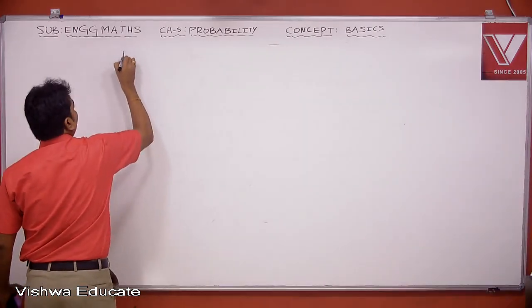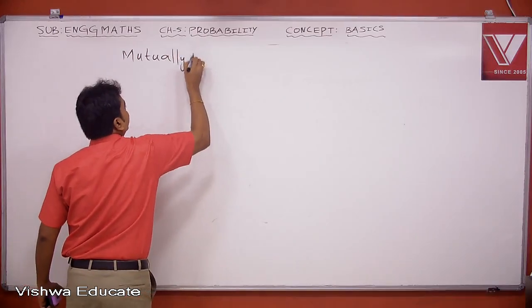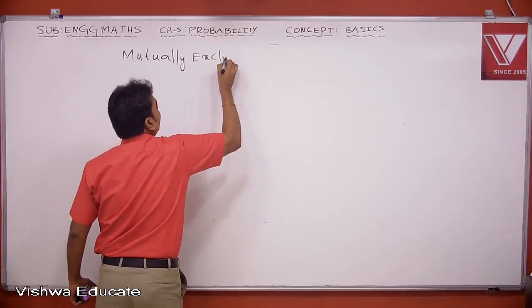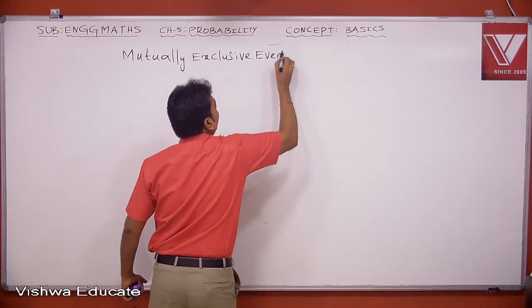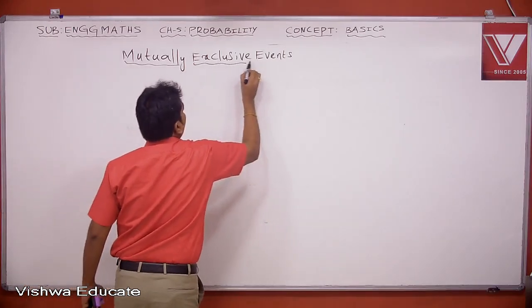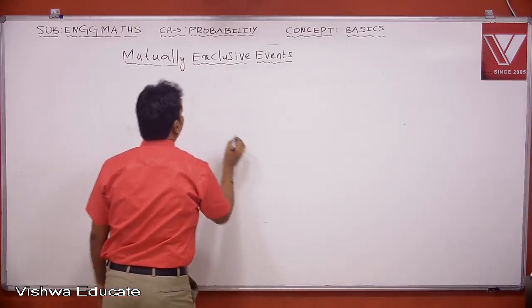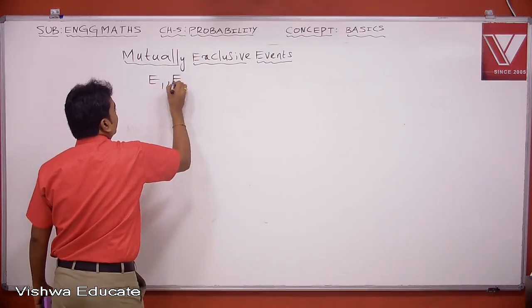Next definition, mutually exclusive events. Suppose we have two events, E1, E2.